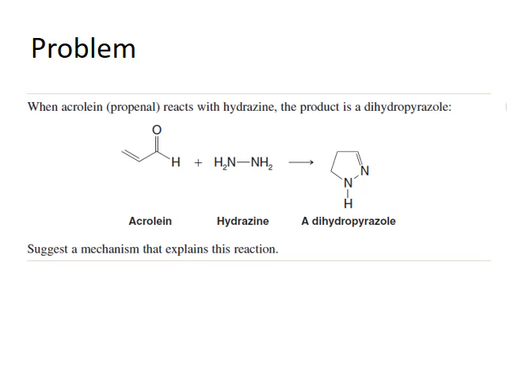The first step in this problem is the attack of nitrogen on the beta carbon, and then the formed ketone reacts with the other nitrogen to form C double bond N.